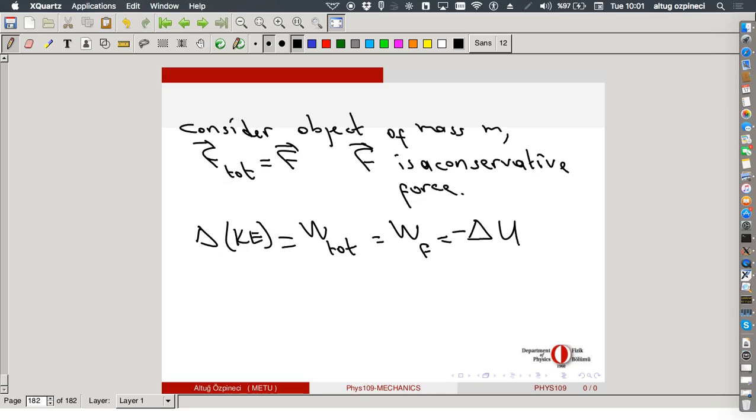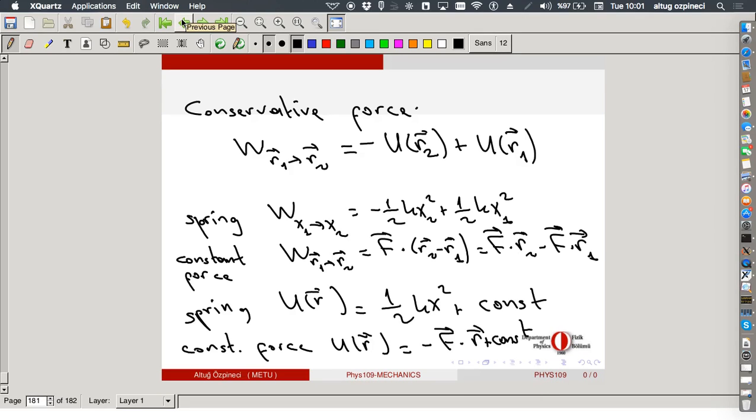You see, the change of a quantity we define as the final value minus the initial value. So if you just take the minus out, you get the final value of u minus the initial value of u with an overall minus sign.